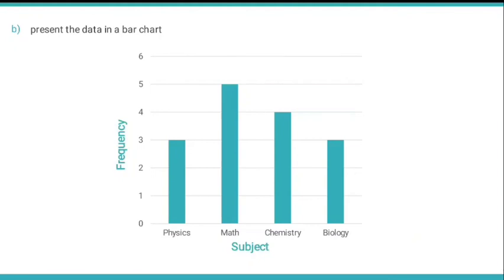Because physics has 3 frequency, we can draw a bar up to 3, and then math up to 5, and then chemistry up to 4, and the last, biology up to 3 frequency.